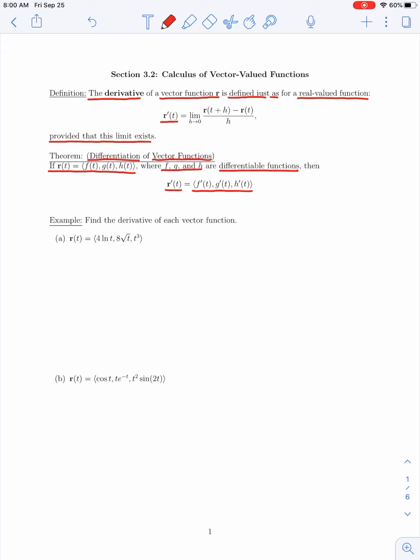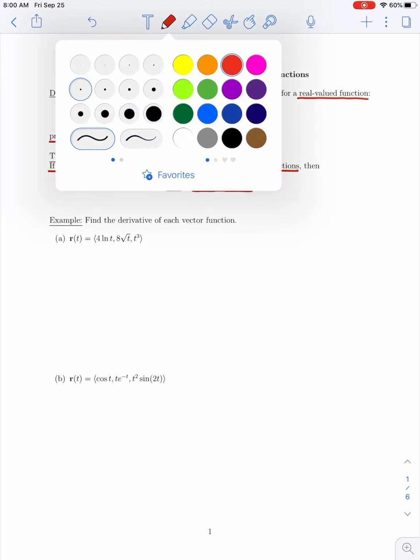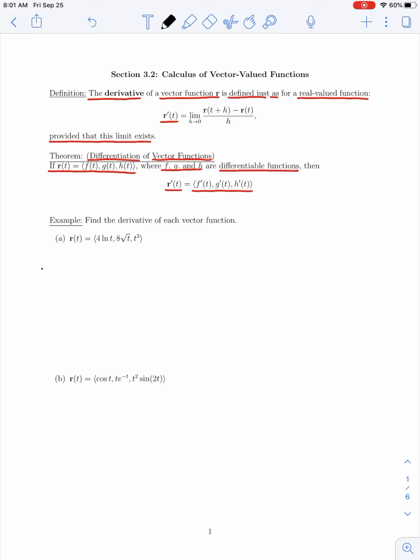In our first example, we're asked to find the derivative of a given vector function. And in part A, we have r of t is 4 log t, 8 root t, and t cubed. So to find the derivative of this vector function, r prime of t, we're going to differentiate each of these component functions. So the derivative of my first component would be 4 over t.